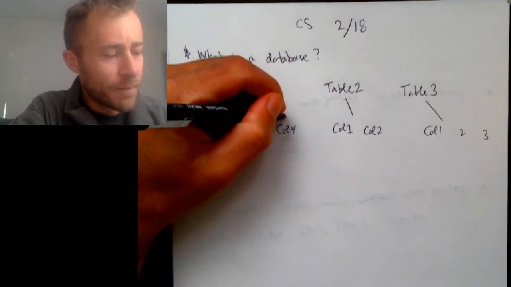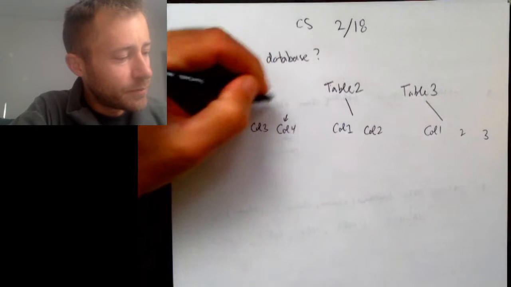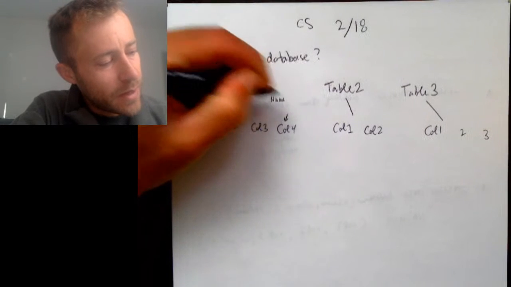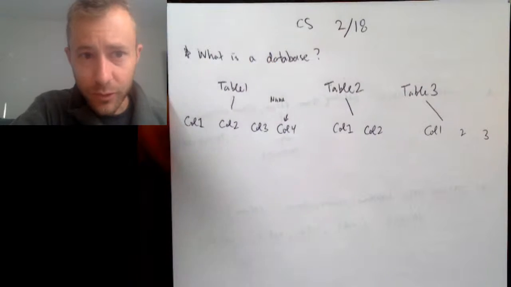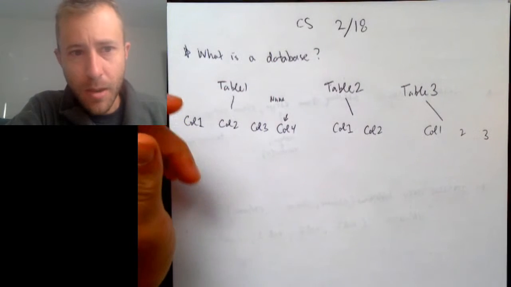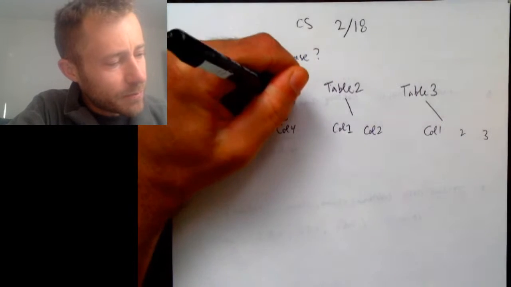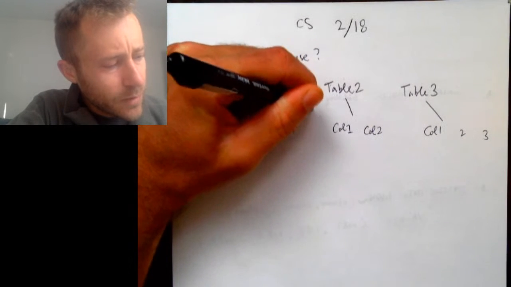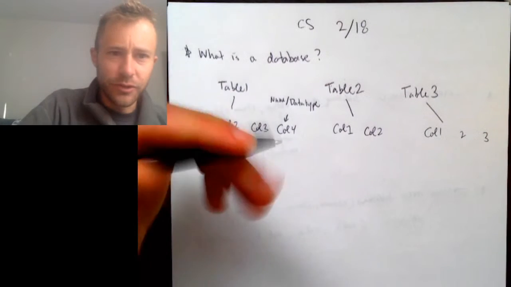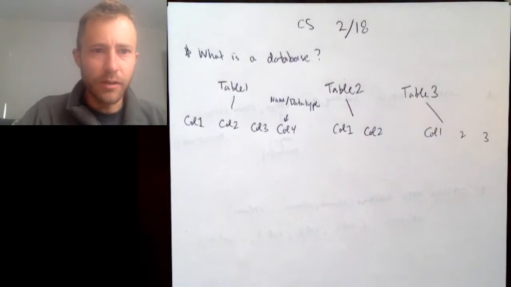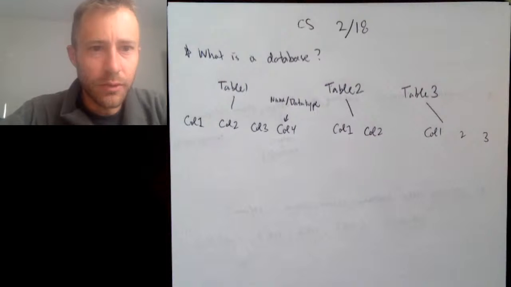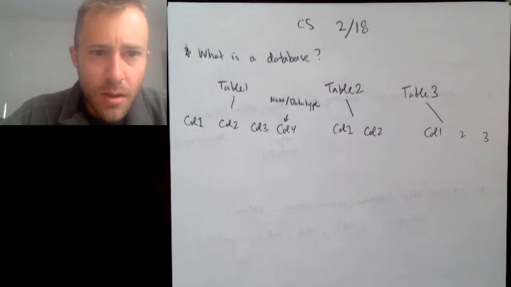So a column has a name, just sort of like a reference name, all right? And then it also has a data type. So it could be an integer or a string or a float or something like that. All right.